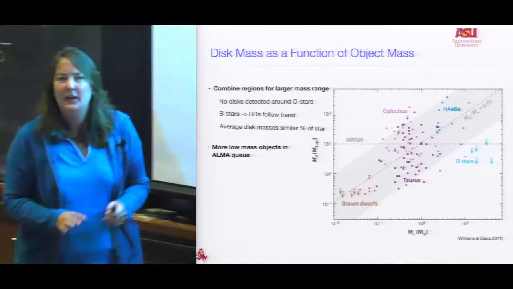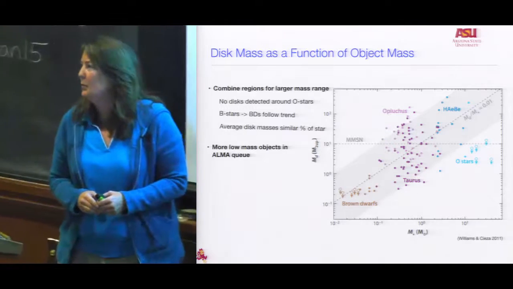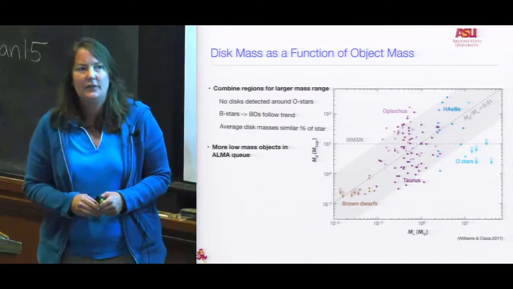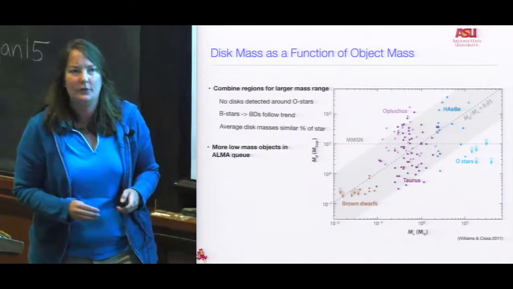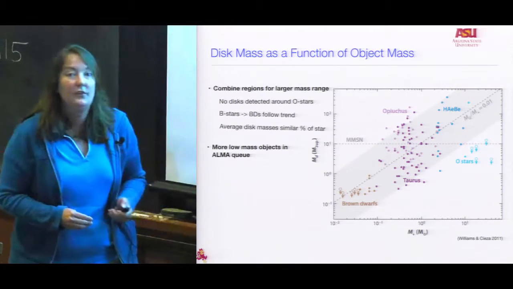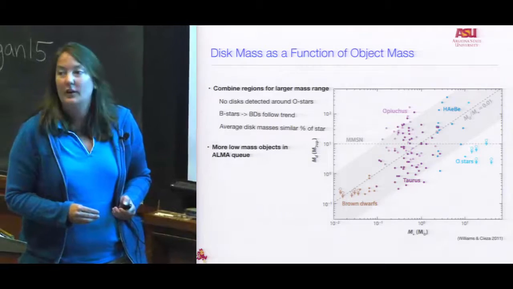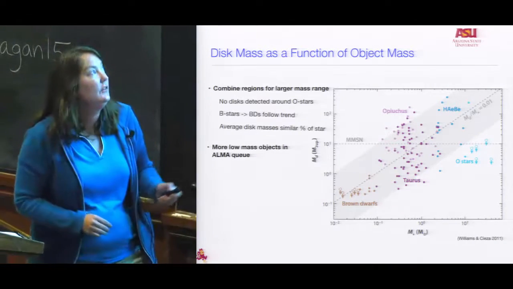Now, because Taurus is lacking in the more massive stars, to fill out this mass distribution for disks, we have to go to other regions to investigate A stars, B stars, and O stars, and that's what's been done in this diagram.